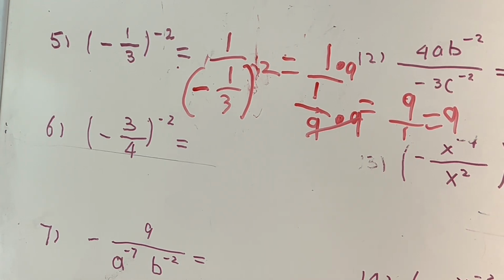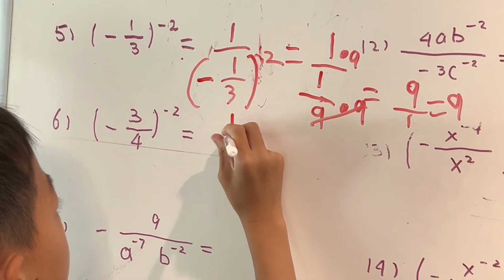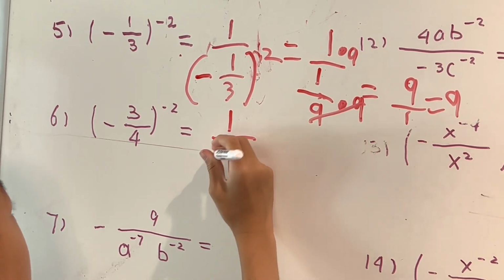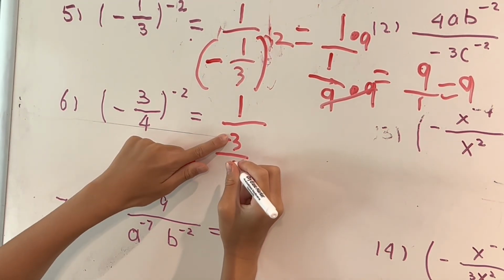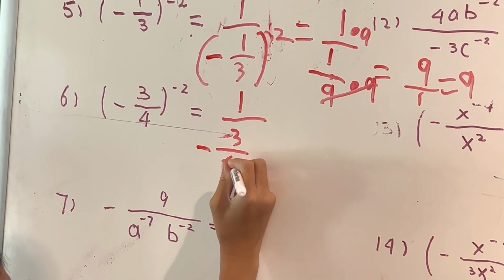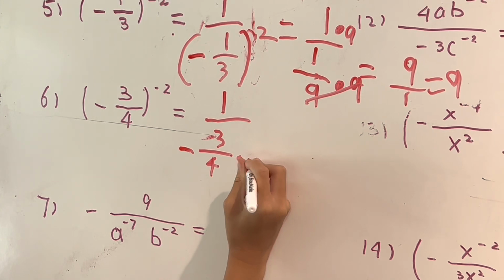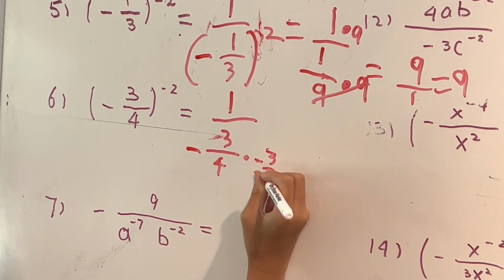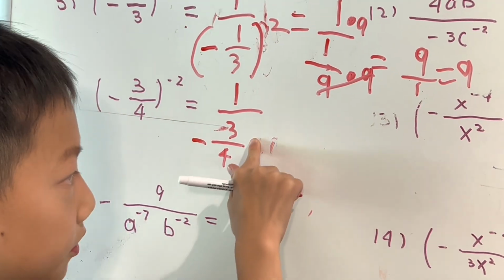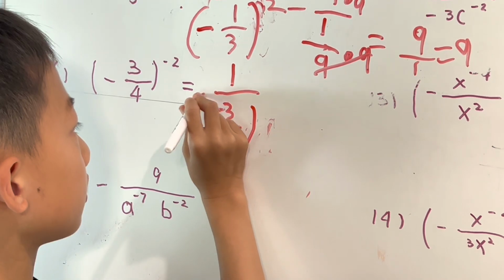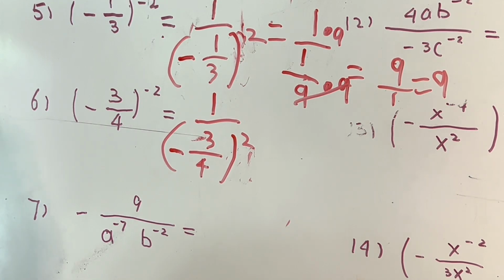So this one is a little bit trickier. Same idea. So 1 over negative 3 over 4, negative 3 over 4, multiplied by itself, negative 3 over 4. Or I could just square the bottom. I don't have to write this. Besides, what's the point of writing that? Because it's just going to be positive when you square it anyway.